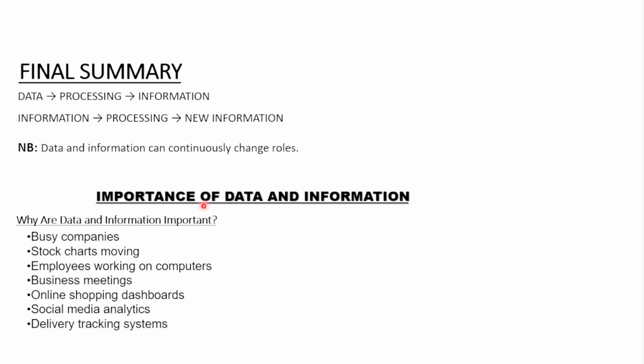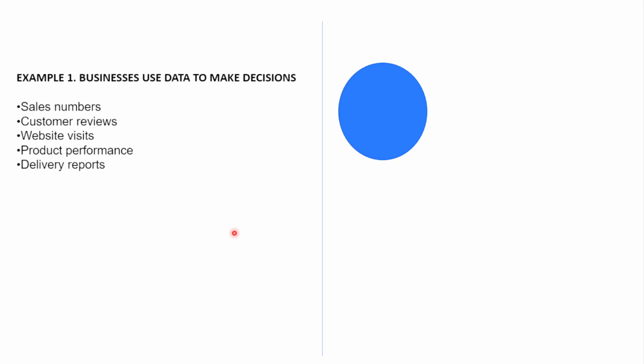So if you are wondering about the importance of data, businesses use them: stock charts moving, employees working on computers, business meetings, online shopping, social media analytics, delivery tracking. We need them every single day, right? Okay.